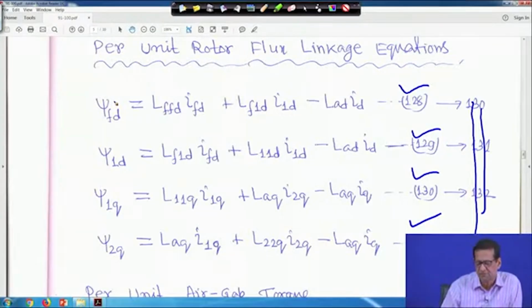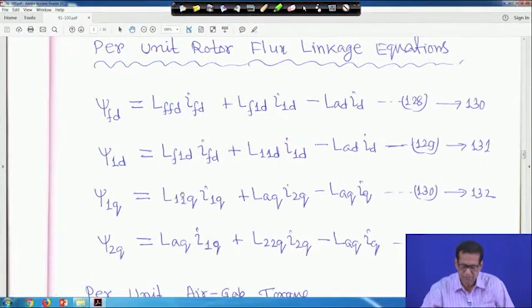Similarly, psi 1q is equal to L 11q I1q plus LAQ I2q minus LAQ IQ, right. Similarly, psi 2q is equal to LAQ I1q plus L 22q I2q minus LAQ IQ, right. So, this way, this is the per unit rotor flux linkage equation, right.